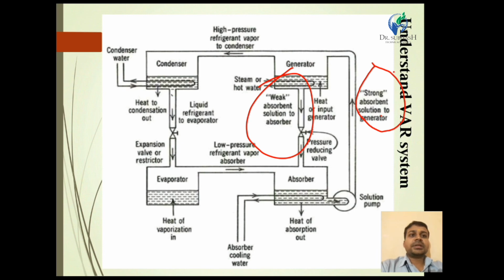Weak solution means the H2O separated in the generator goes back to the absorber, and the NH3 passes through the condenser and evaporator and returns to the absorber. There is much more NH3 content, so we call it a strong solution. The strong solution is passed through a pump and returned to the generator, and the working cycle continues to operate.